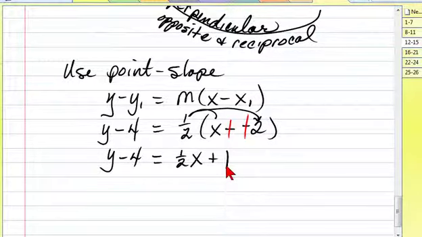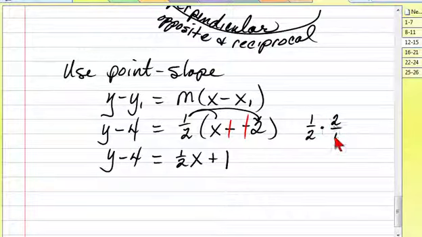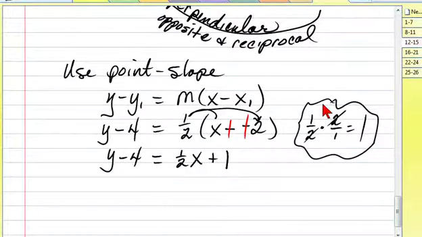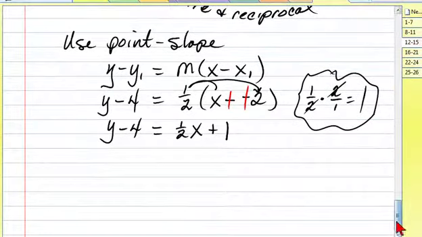If that's not a nice number to take half of, then you would go off to the side and you would say, well, let me do this. 1/2 times 2 over 1. And you would do the arithmetic. Those would have canceled out, and that's where I got the 1. So if you need to, you would do that.